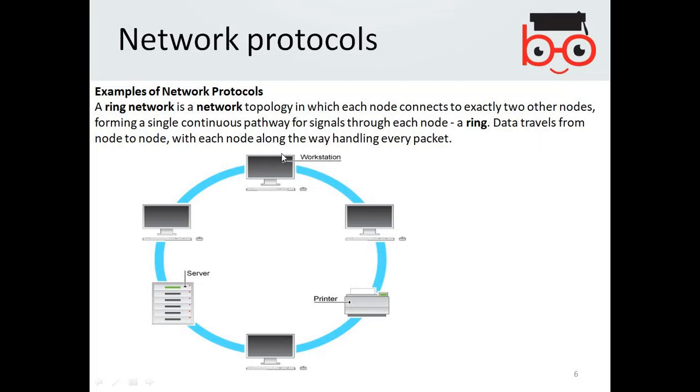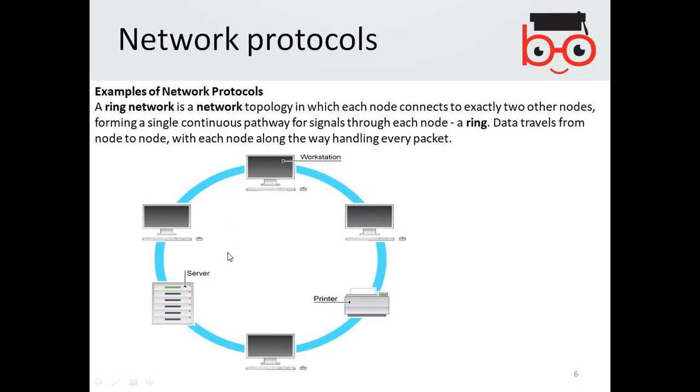For example, if you have made your network into a ring topology, you are not going to connect your one computer or workstation only to the modem, but to another network device or workstation as well. So one computer communicates with another computer, and each computer is connected to two devices at a time, so that they make a ring.